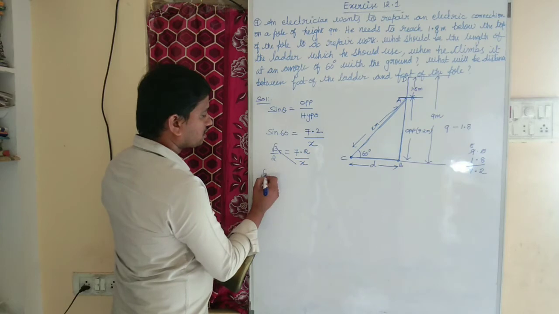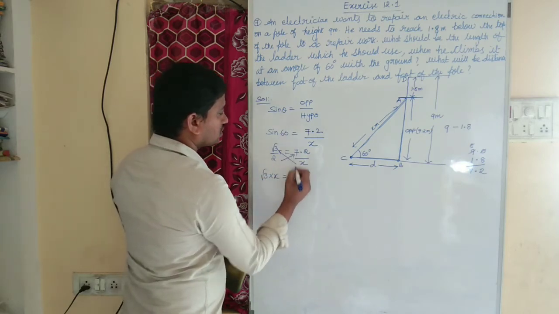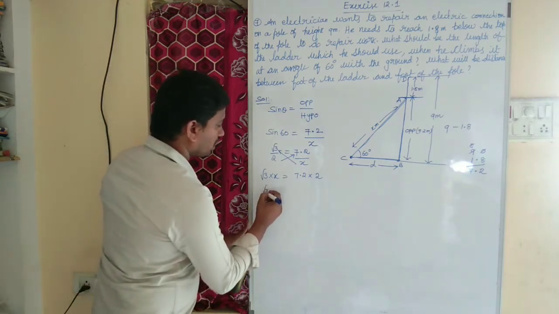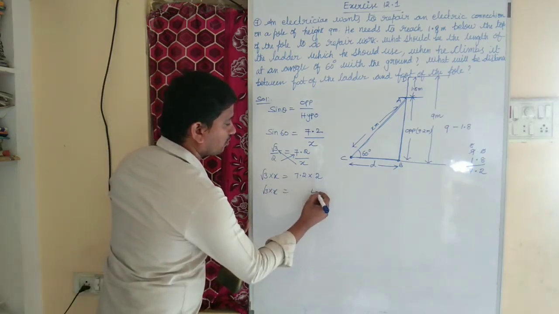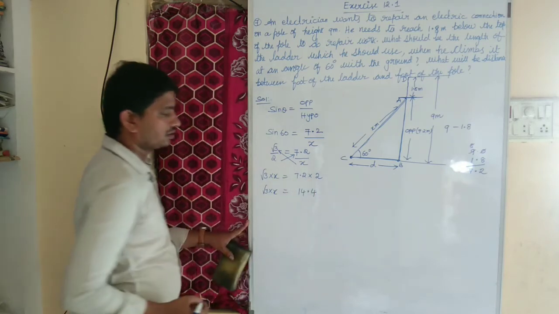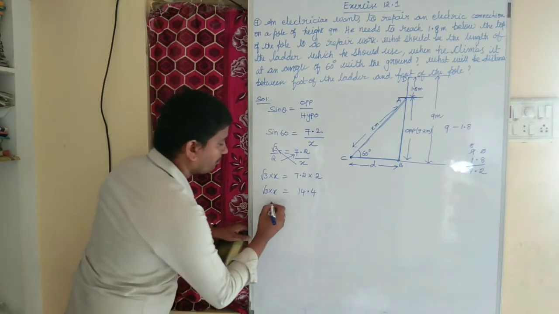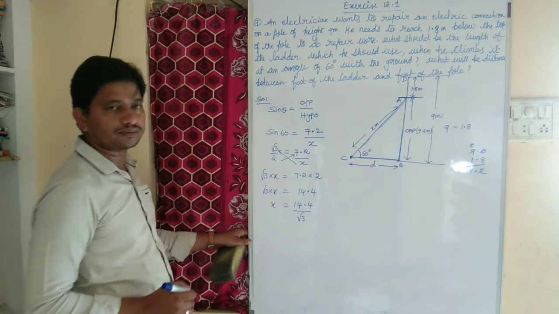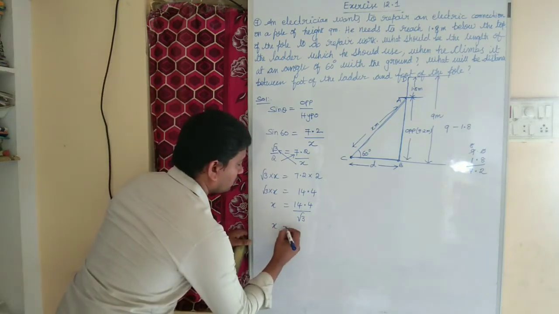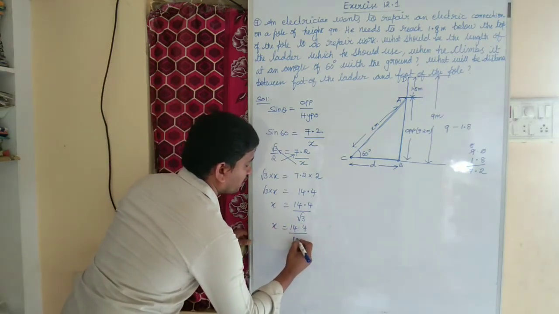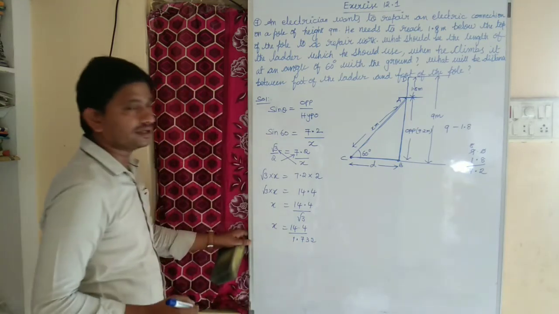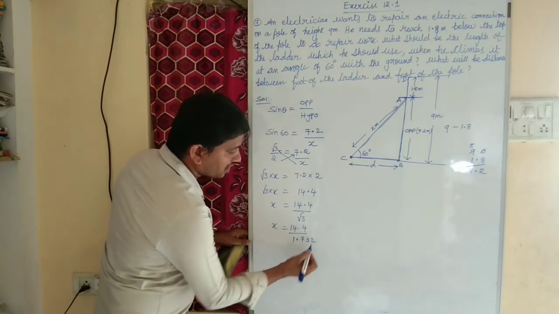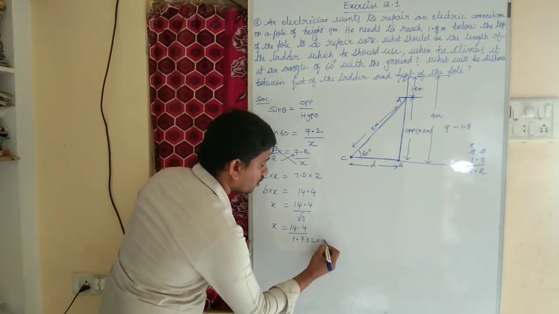So root 3 into x equals 7.2 into 2. 2 2s are 4, 2 7s are 14, which is equal to 14.4. So x is equal to 14.4 divided by root 3. What is the value of root 3? 1.732. After the point we have 3 digits, so multiply into 1000.